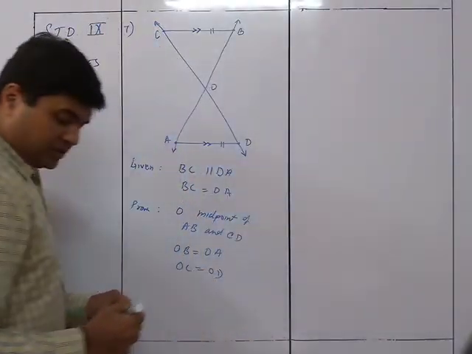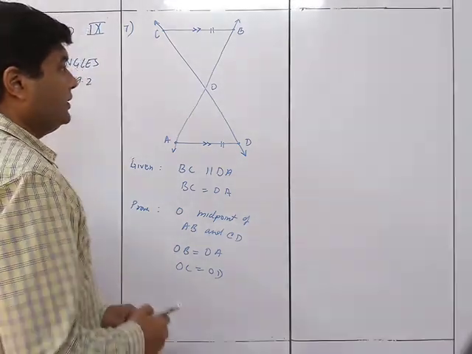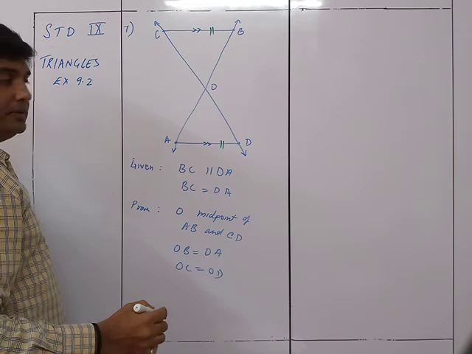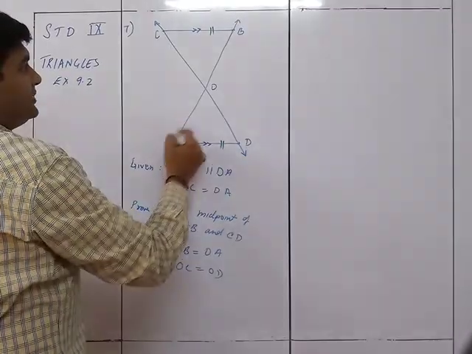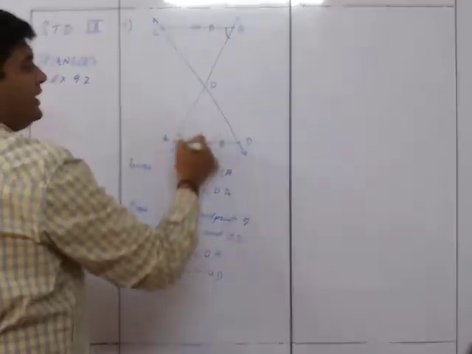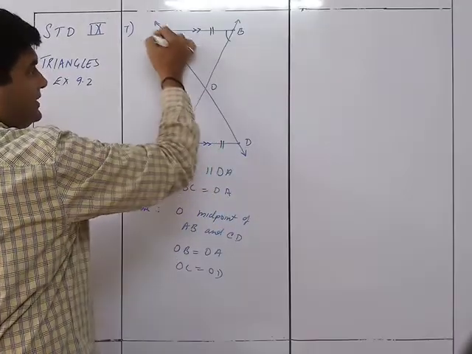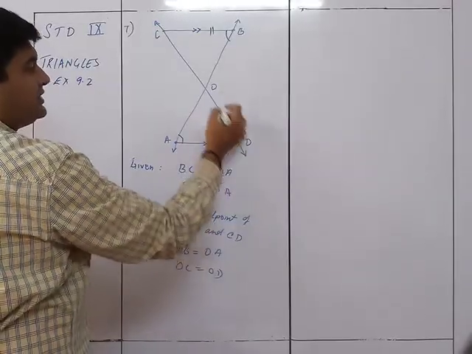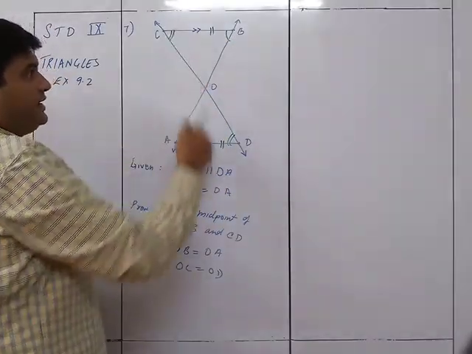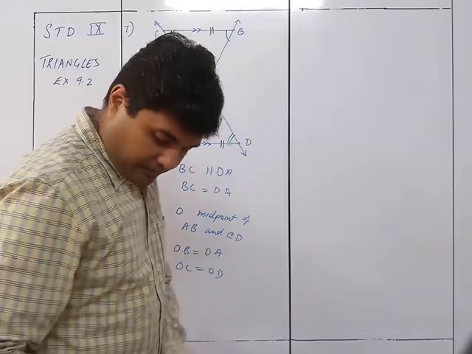Let's see first what things we can get. We already know that this side is equal to this side. Since they are parallel lines, this angle will be equal to this angle, alternate interior angles. Similarly, in this Z formation, this angle will be equal to this angle. So that gives the ASA test. Let's write it down.